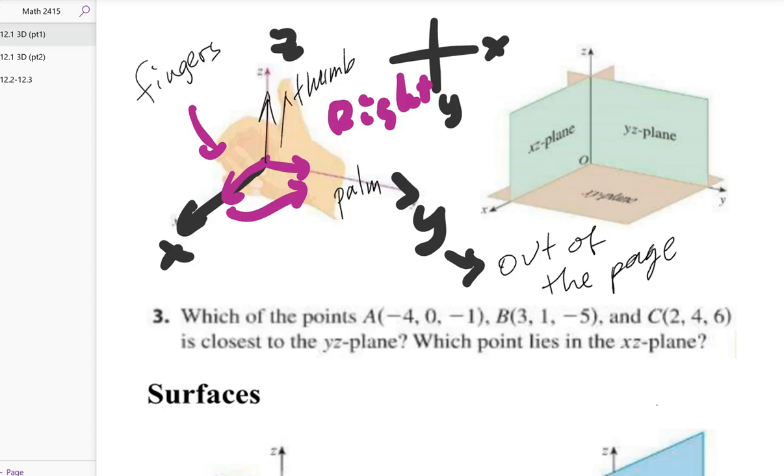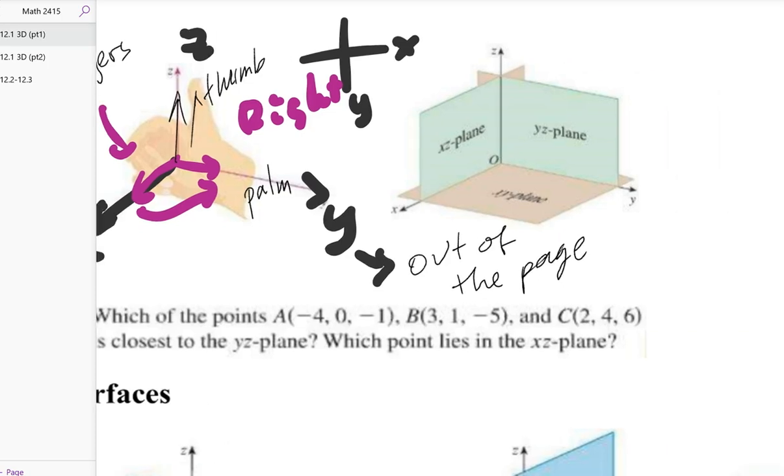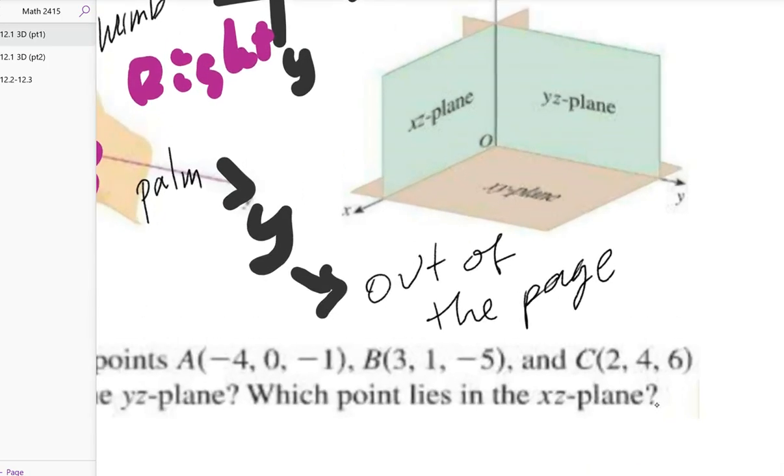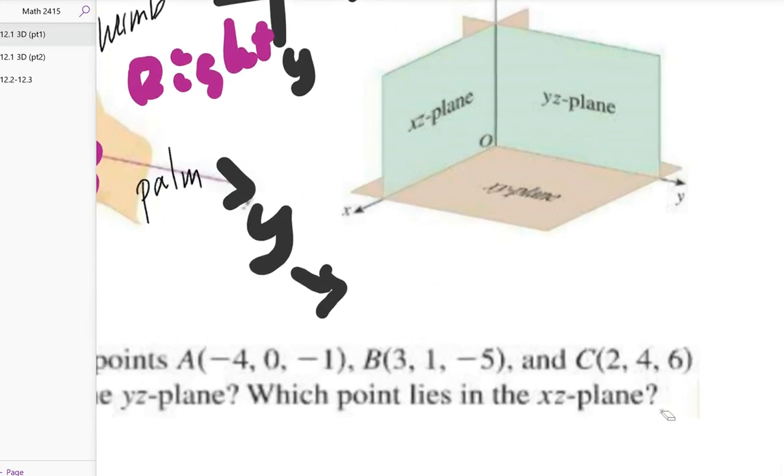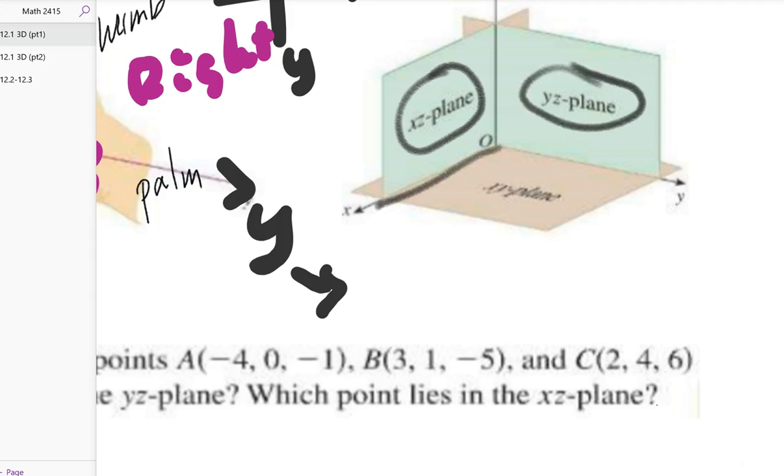So we have now not just the XY plane, but we have the XZ plane and the YZ plane here. So X, Y, this is your normal XY plane. This is what you see in algebra. And then we're going to add to that the YZ plane and the XZ plane.